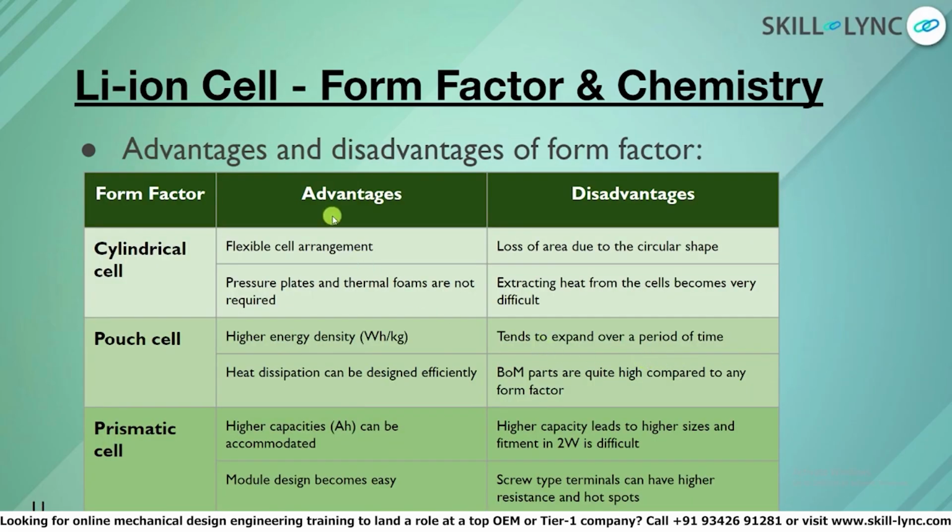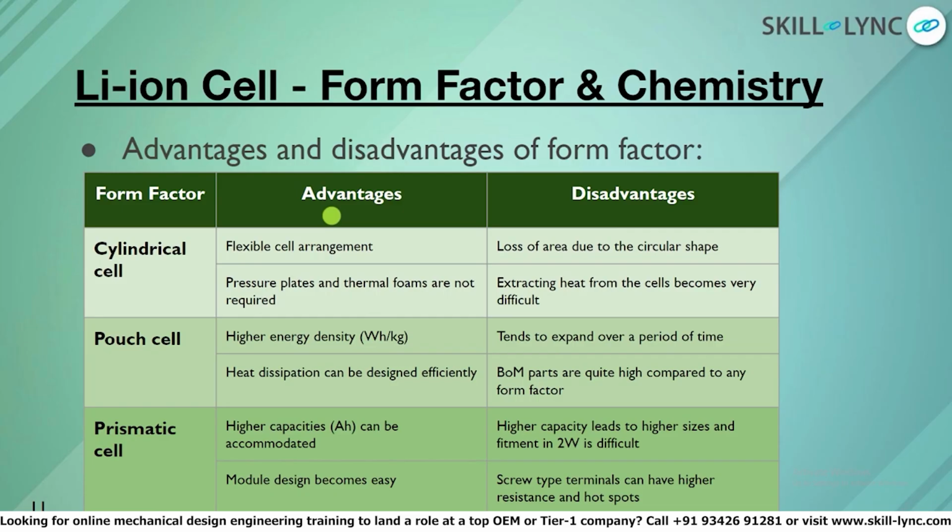Now when we talk about advantages and disadvantages of these form factors, which are the primary motives for selection of a cell with respect to form factor, cylindrical cells are basically available in small sizes, like 18650 and 2170, which means 18 mm diameter and 65 mm height, which is quite small. Being small in size, it helps in flexibility of arrangements in series and parallel combination.